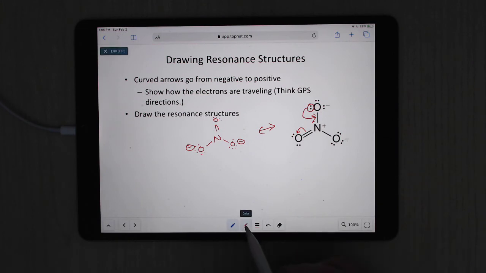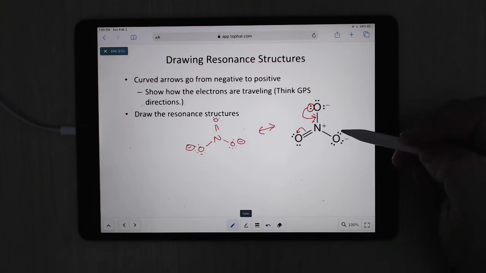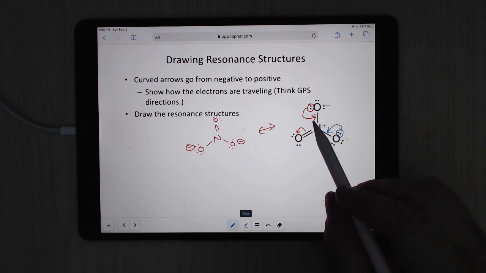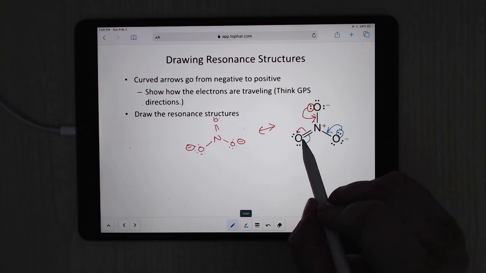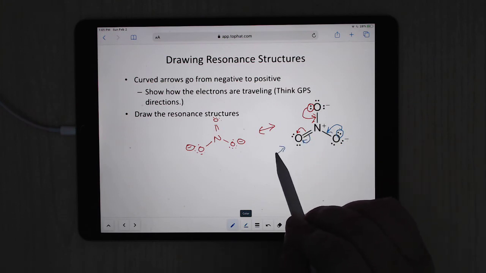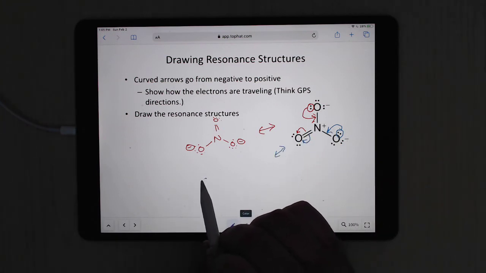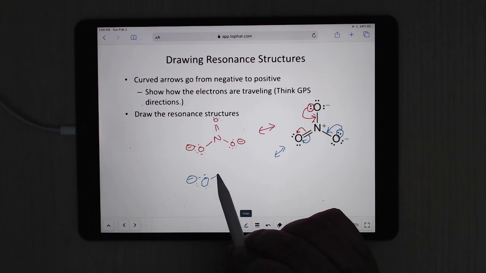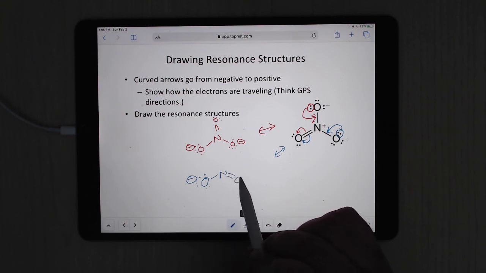Okay. Now we could have just as easily said, okay, let's start with this oxygen and move that down. Again, we're going to have that same problem with the nitrogen having a fifth bond. It's got to get rid of one, and so let's go there. And so, again, these electrons are going to come up here for a third set of lone pairs on the nitrogen.